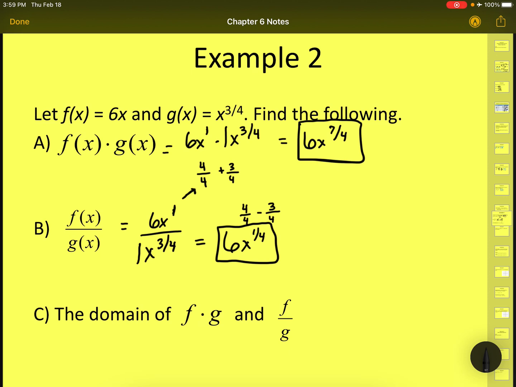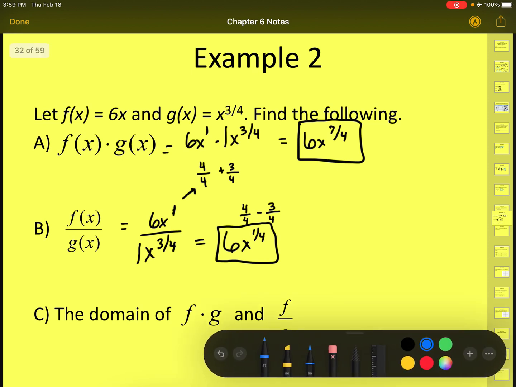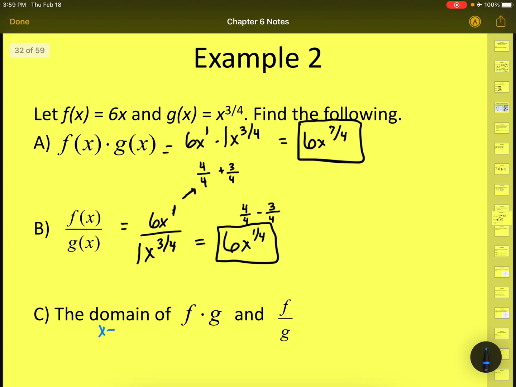Okay, so again, we're going to think about the domain, which we said was what kind of x values can we plug into f times g and f divided by g. So functions f times g and functions f divided by g. Okay, so what kind of x values can we plug into the resulting answers that we got up here?